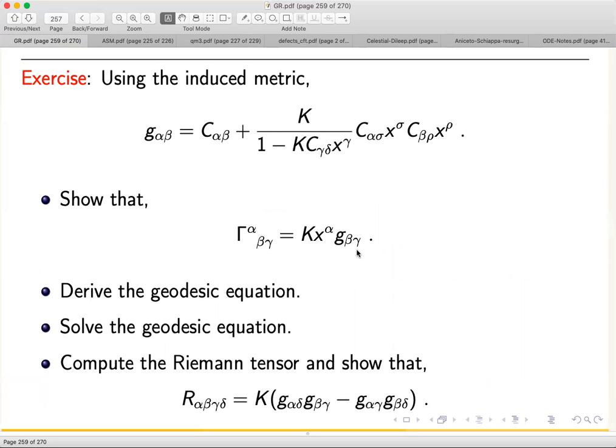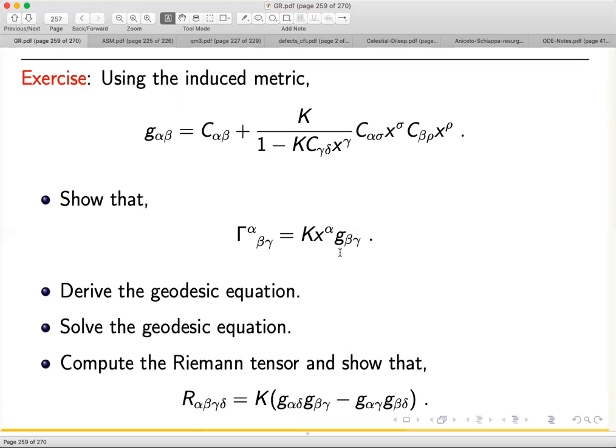The next exercise would be to take this as a Riemann-Christoffel connection and derive the geodesic equation. You can take this metric, derive the geodesic equation and see that you get gamma to be exactly the same inside the geodesic equation. Then of course you use that geodesic equation and solve it.